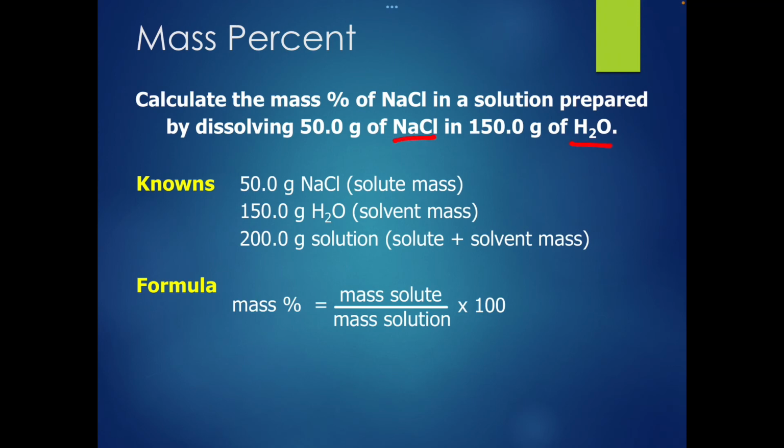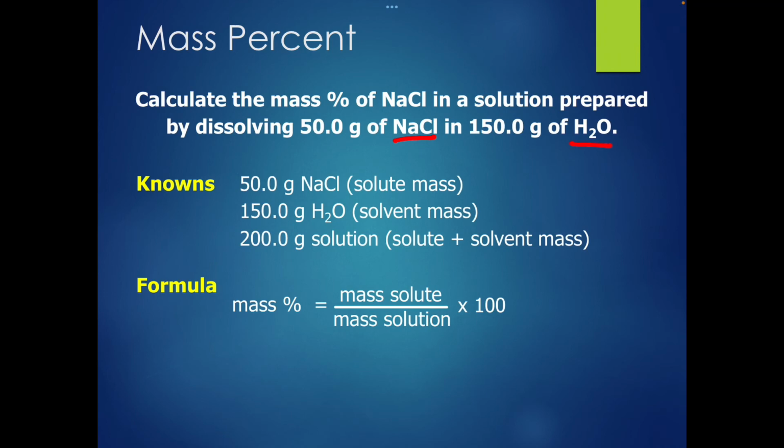We're making salt water, essentially. But if you didn't know which one's the solute, remember the solute is always the one with the smaller amount. So when we're doing these types of problems, the solute is always the one with the smaller mass. Even if you didn't know what these things were, you should see there's only 50 grams of sodium chloride. That one's my solute because there's more of the other thing. So that's my solute.